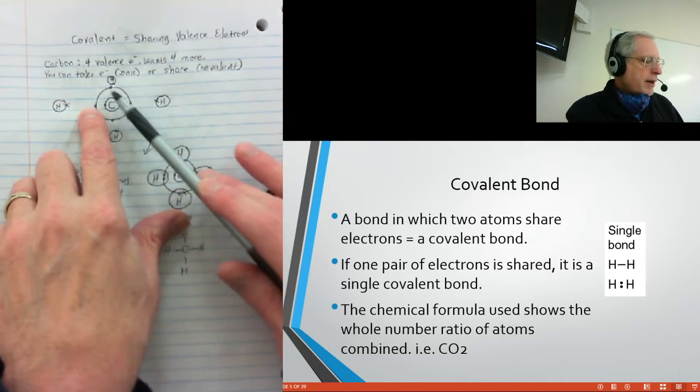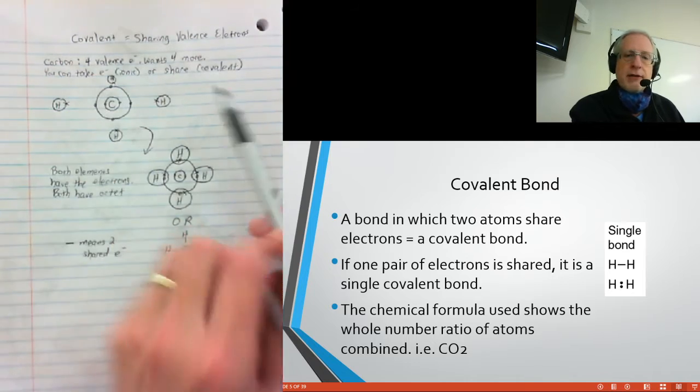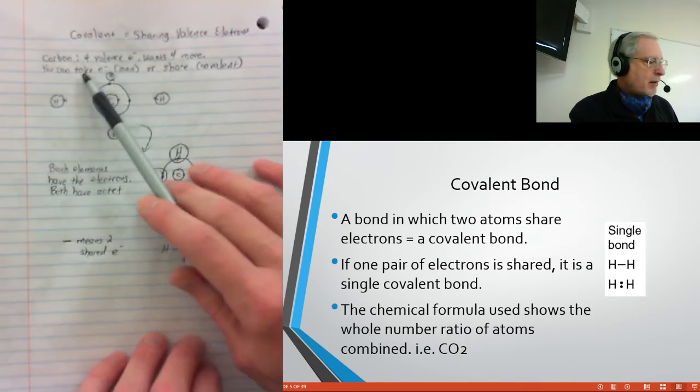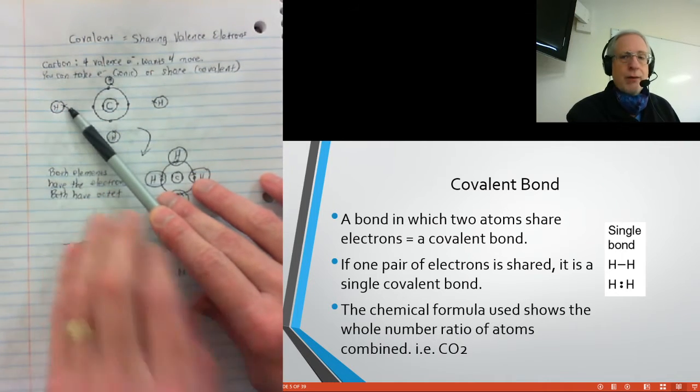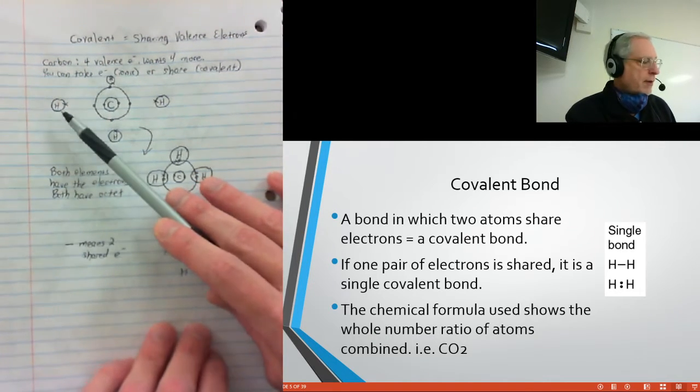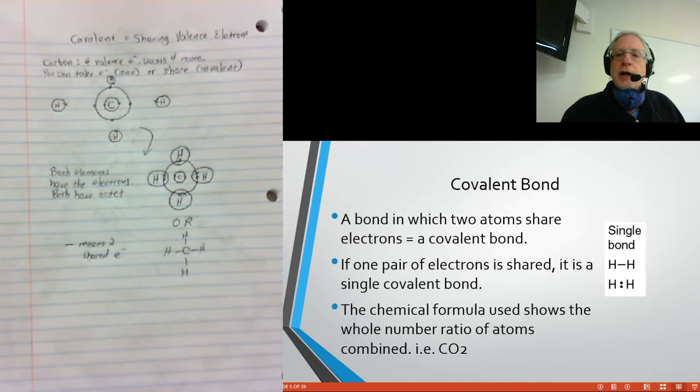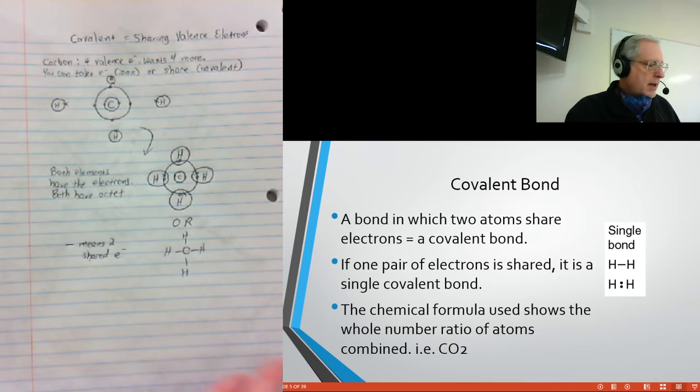And here, notice that carbon has 4 valence electrons, but it wants 8. It has 4, it wants 4 more. Hydrogen has 1 and it wants 2. So if a hydrogen shares 1 electron pair, it's happy. An electron pair is 2 electrons. Carbon needs to share 4 electron pairs. So it just needs to find stuff that it can share with.